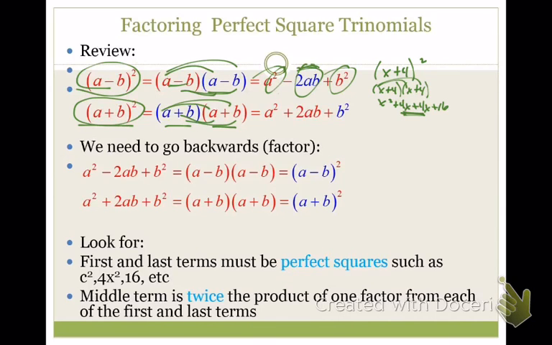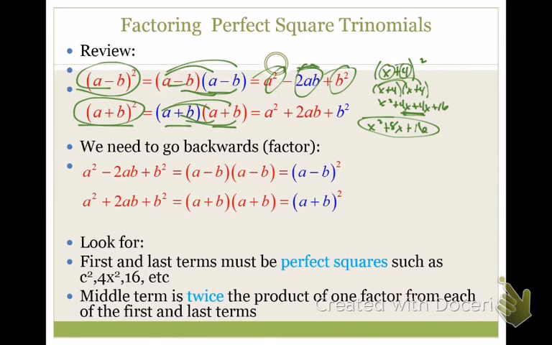Here, the outs and the ends are the same. That's why we can shortcut this. We can square the first term, square the last term, and then take u times 2, x times 4 times 2, and get 8x. Okay?